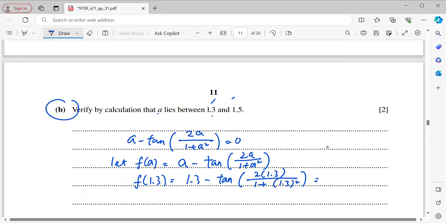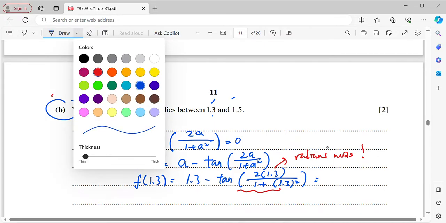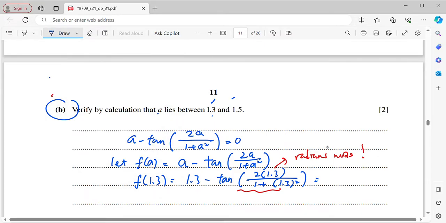And when you do the calculation, make sure you change the mode of the calculator to radians. Okay, this is in radians mode, because there's no degree sign inside the bracket. So then when you calculate this value, it should be 0.148, which is less than 0.